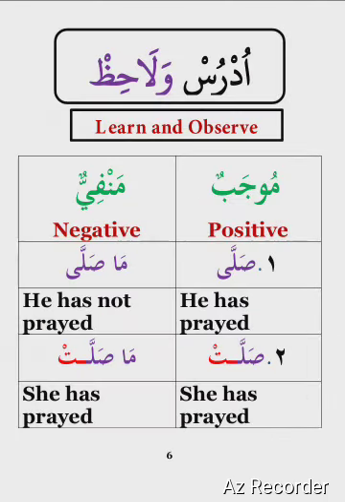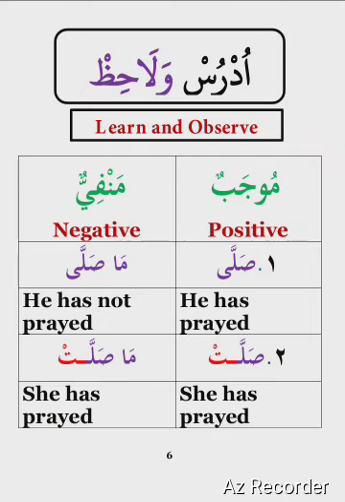Udrus, learn. Walahis, and observe at the same time. Mujabun, positive. Manfiyun, negative. Mujab, positive. This is the form of a verb in Arabic that means something has happened. Manfiyun, negative.